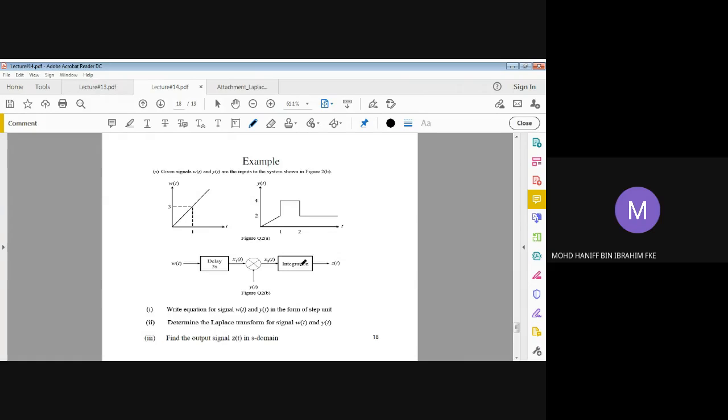From this figure, we know that your x1t is equal to wt minus 3, delayed by 3 seconds.